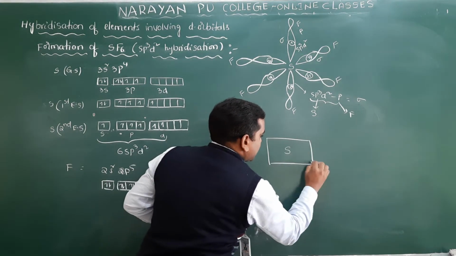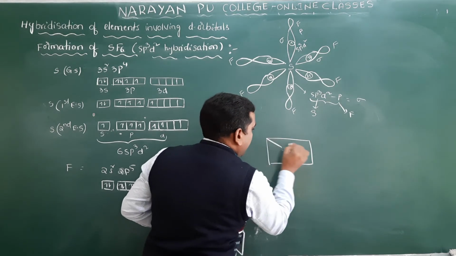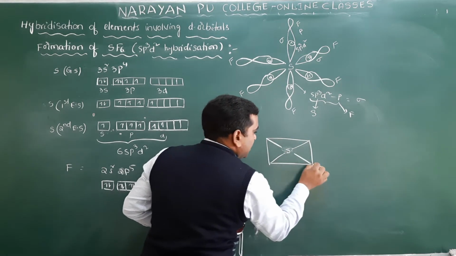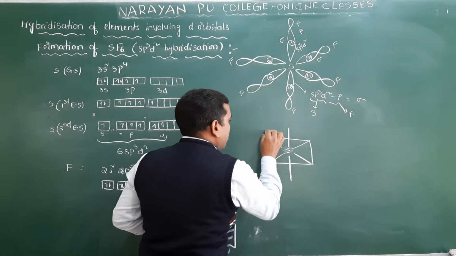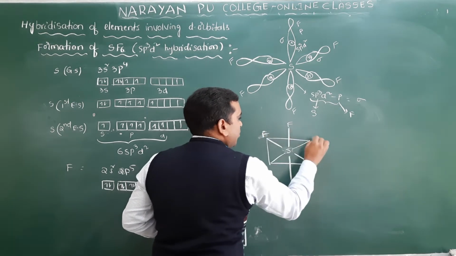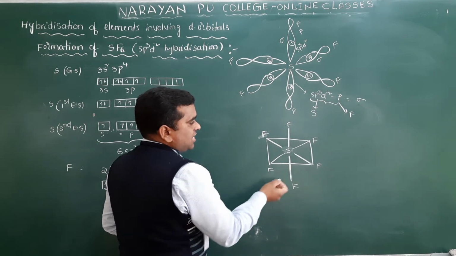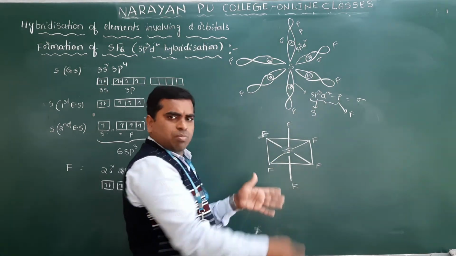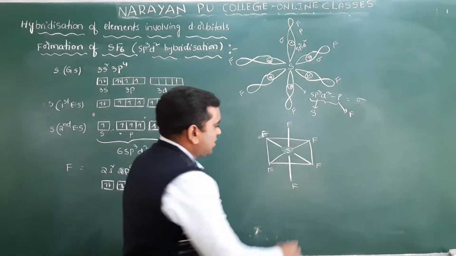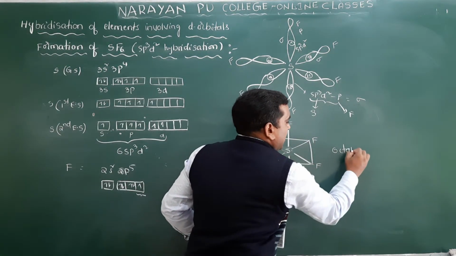So this is about, if you write the structure here, I will write it in this way. Clear? Sulfur is in the center and these are how many? 6 are there, and these are fluorine. I already mentioned the bond angle and everything, and this is octahedral.